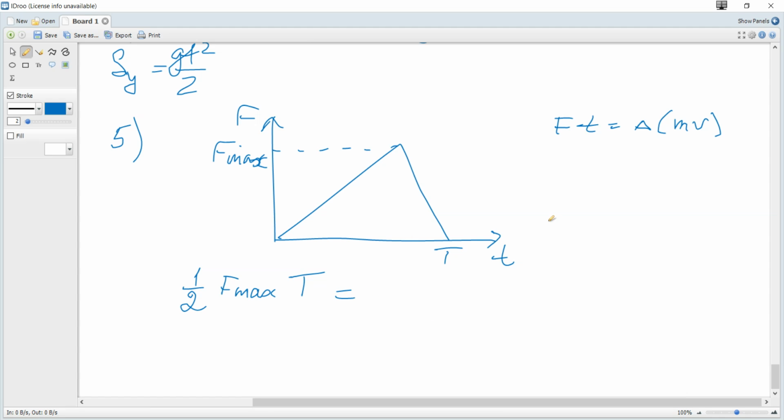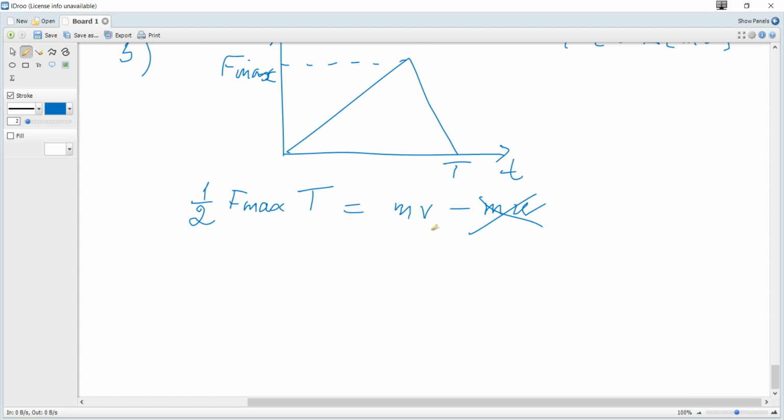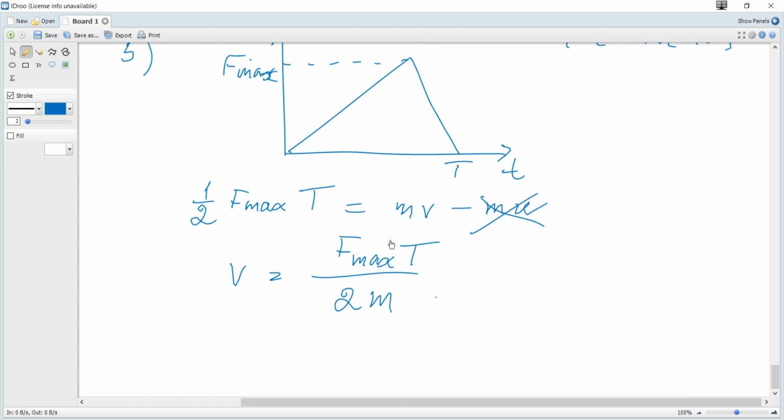This is equal to the change in momentum. What is change in momentum? It's mv after minus mv before. Since it's initially at rest, it's 0, and we need the final speed, so it's v. V is required, so we can see it's F max T over 2m. It's A.